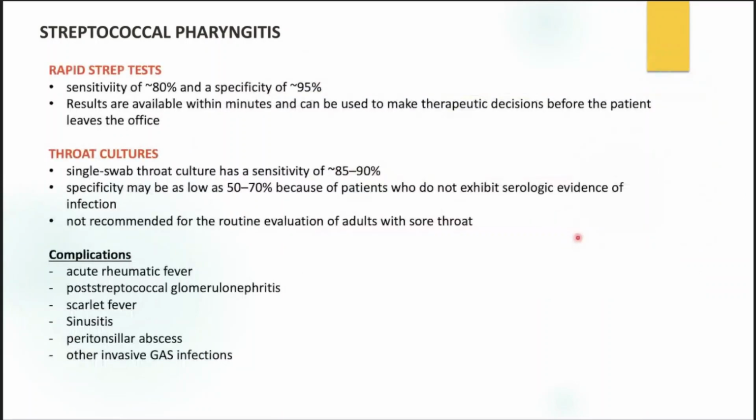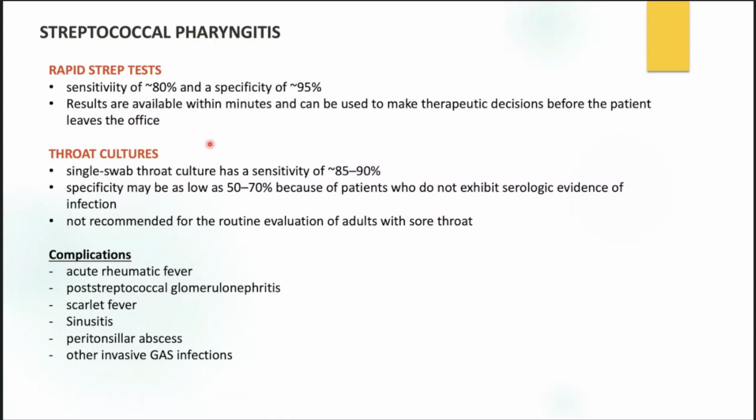Now, if rapid tests are not readily available, your rapid strep test has a sensitivity of 80% and a specificity of 95%. These are available within minutes and can be used to make therapeutic decisions before the patient leaves the office.